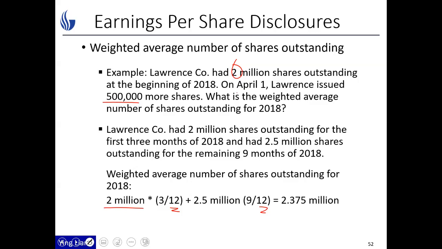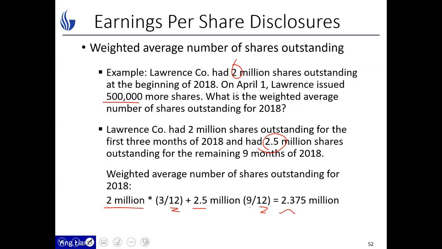Now, after the April 1st issuance, we have 2 million plus 500,000, which gives us 2.5 million shares outstanding. And that remains for 9 months, April to December. So it is 2.5 times 9 months divided by 12. And then we sum these two up. We get 2.375 million shares.